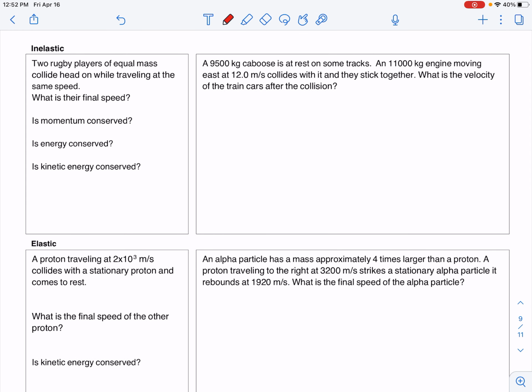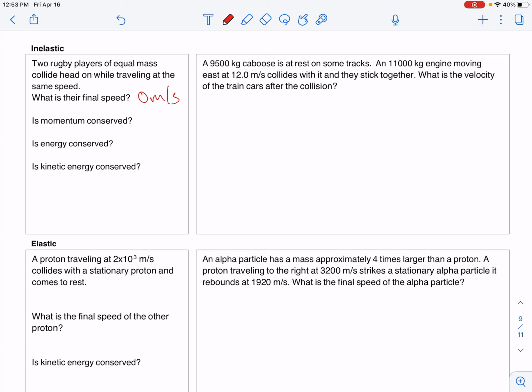All right, so inelastic. We have two rugby players, equal mass, who collide head-on while traveling at the same speed. Think about what their final speed is going to be. Opposite directions, going towards each other, same exact speed, they collide. What happens? Their final speed is 0 meters per second.